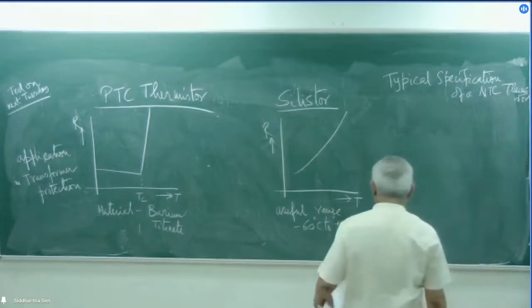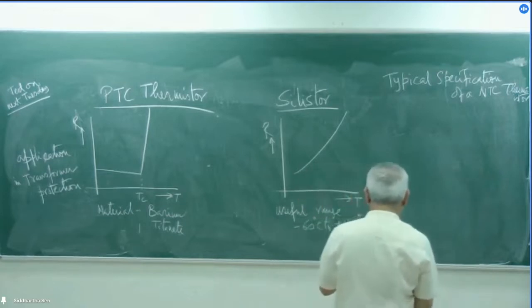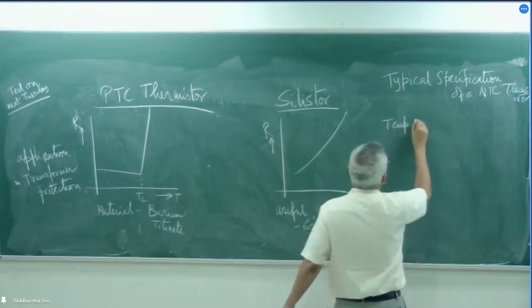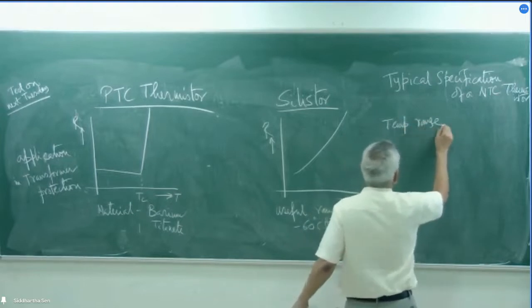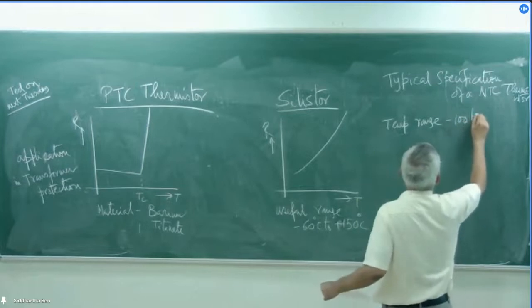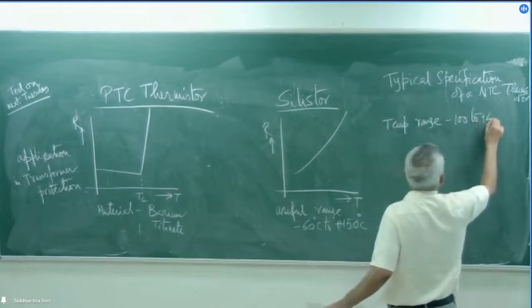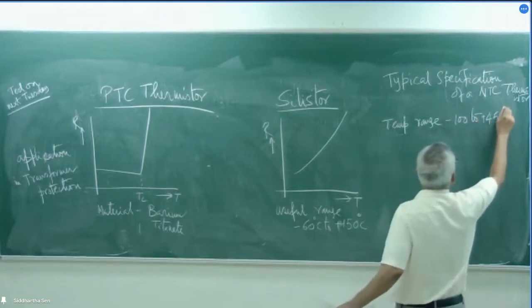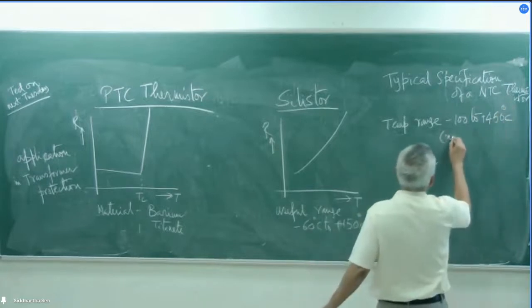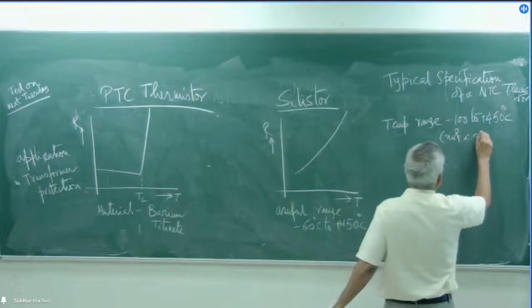Typical specification of an NTC thermistor: the temperature range is minus 100 to plus 450 degrees Celsius, but it is not a single unit.